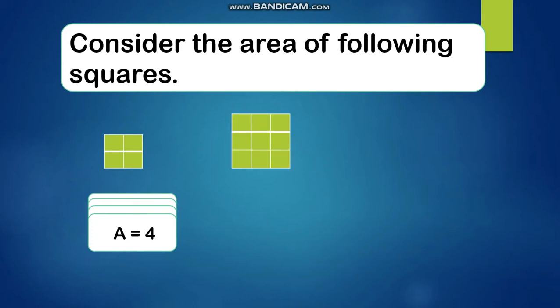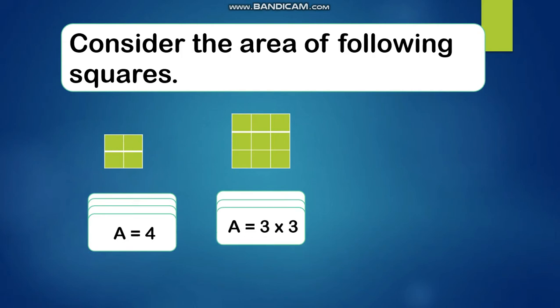Consider the second square. What do you think is the area of the second square? Again, the formula is A is equal to s squared. And if you have observed that the side of the square is 3, so we have A is equal to 3 squared, 3 times 3, and the area is equal to 9.